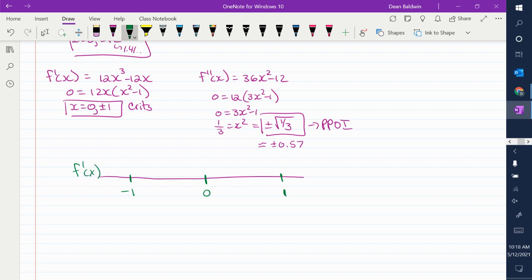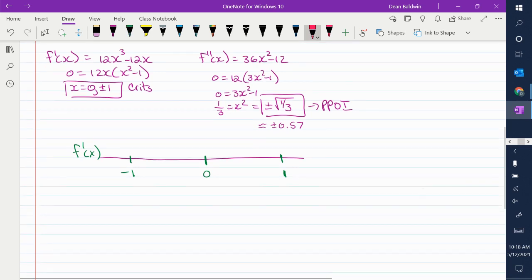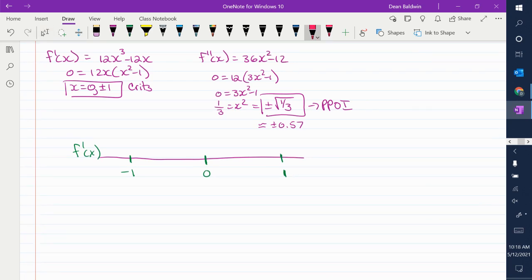This is why I put f prime up top, color-coded just so we can see what information it tells us. And I'll do the second derivative in red, the PPOIs: 1 over root 3, I guess, would be proper, and that's for the second derivative.